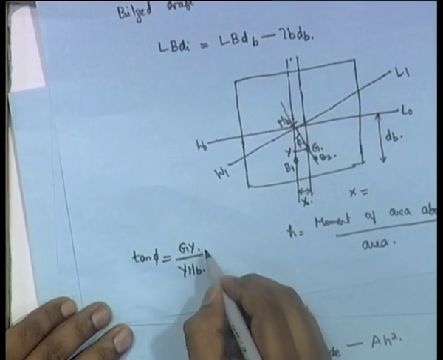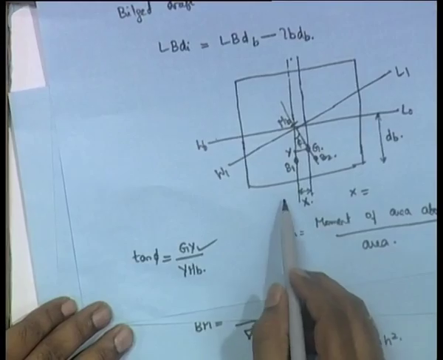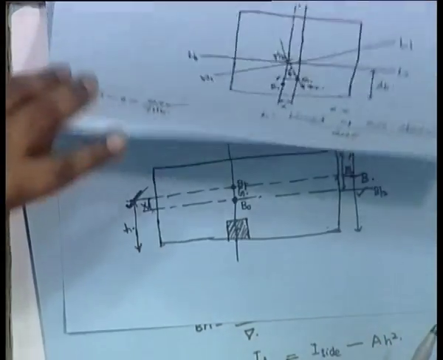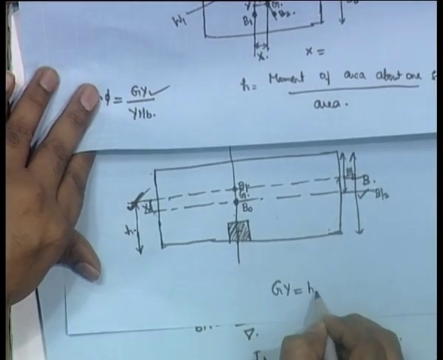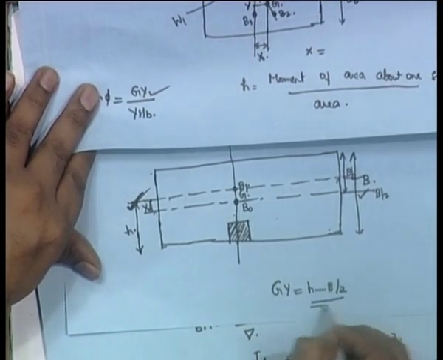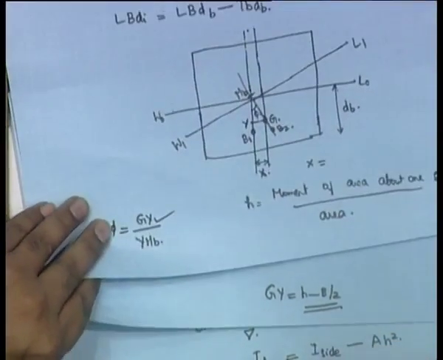Now g y we have already calculated. Here g y, as you have seen, is equal to h minus b by 2. This was the formula for g y we just got.